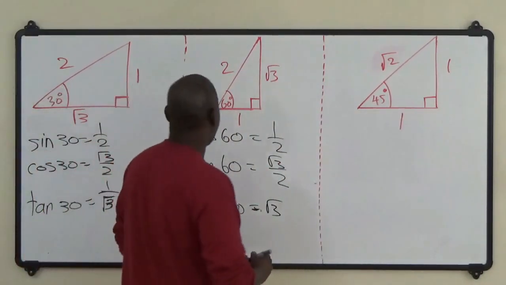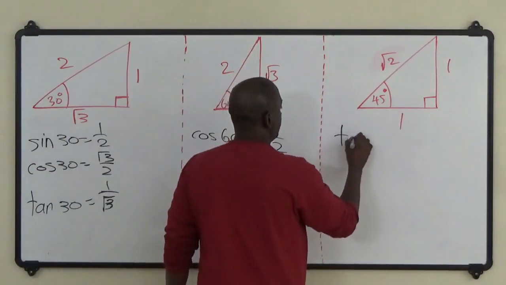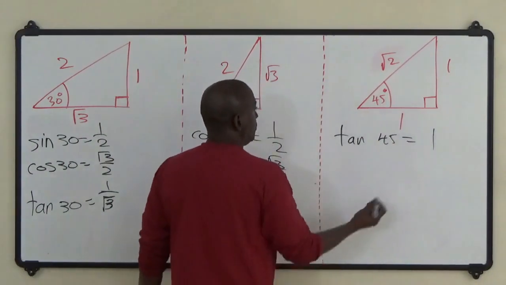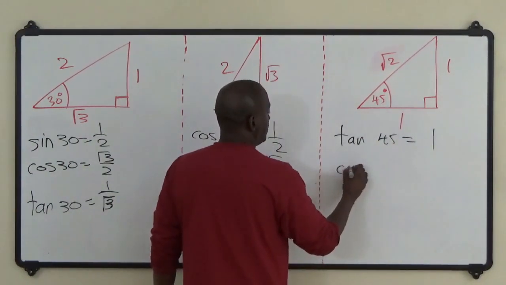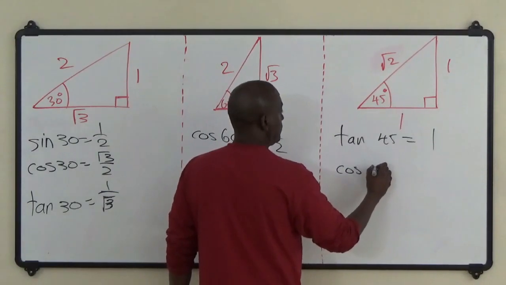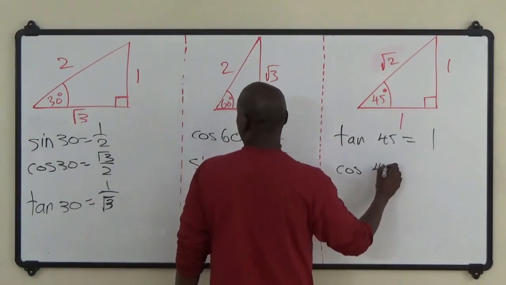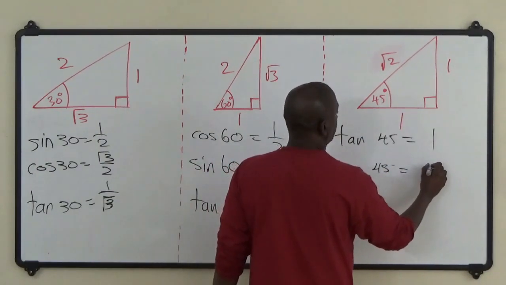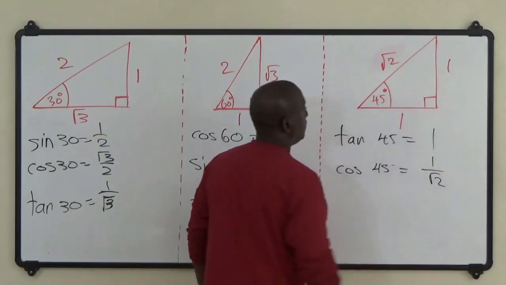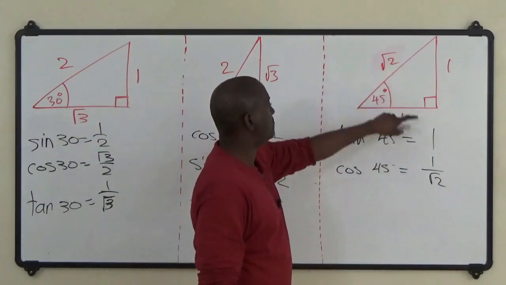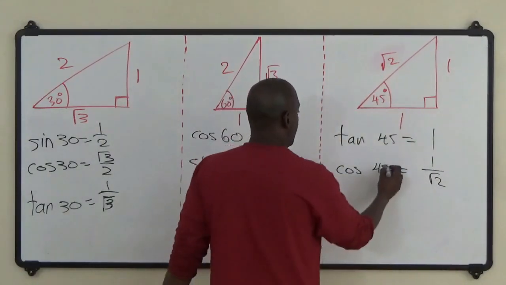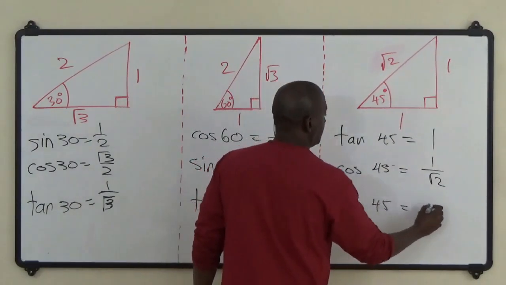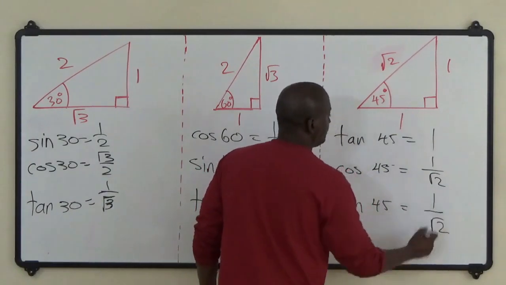So we can say, having started with tan of 45 degrees is equal to 1, we can say then that the cosine of 45 is equal to 1 over root 2. Watch it now. Adjacent over hypotenuse, 1 over root 2. And we can say that the sine of 45 is equal to 1 over root 2.